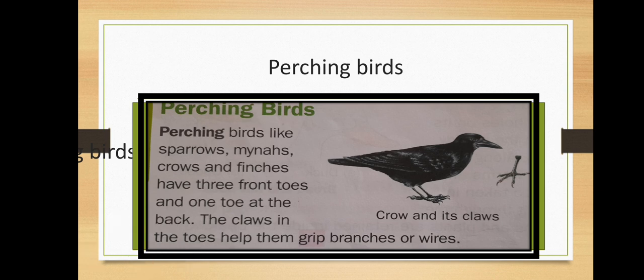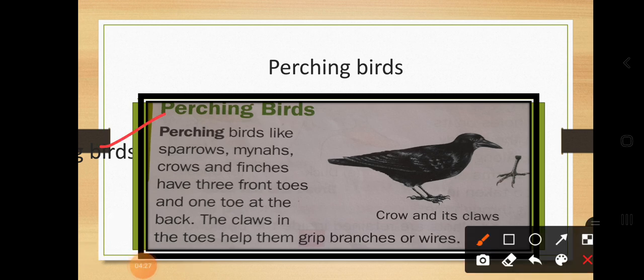Next are the perching birds. Perching birds are like sparrows, mynas, crows, and finches, which have three front toes. Three front toes means on the front side they have three toes, and on the back side one toe. Usually these birds are very small, and some are black in color.